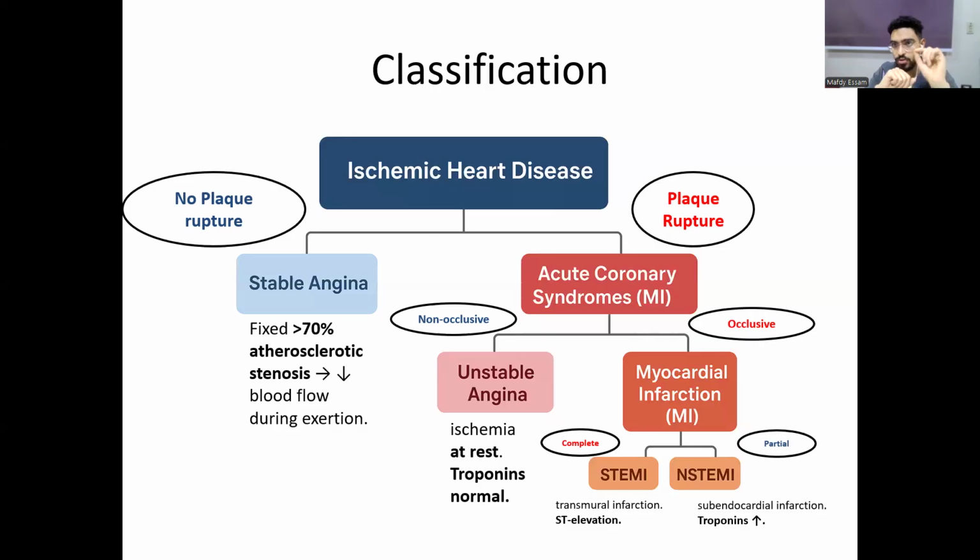This is a complete occlusion. If a partial occlusion happens, we call it non-STEMI, or non-ST elevation myocardial infarction, in which only part of the myocardium is affected, which is usually the deeper part of the myocardium, called the subendocardial part.